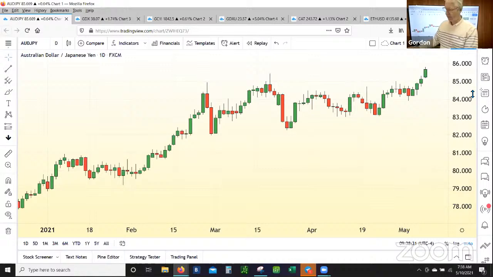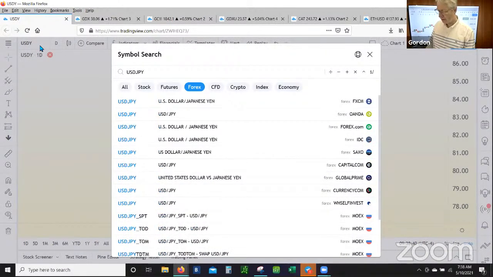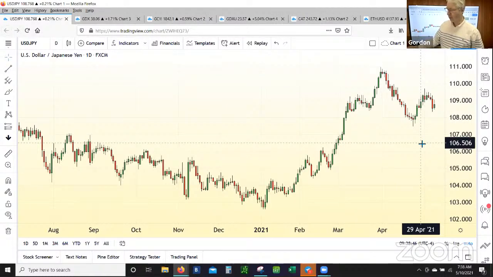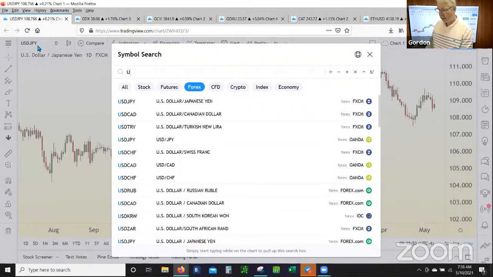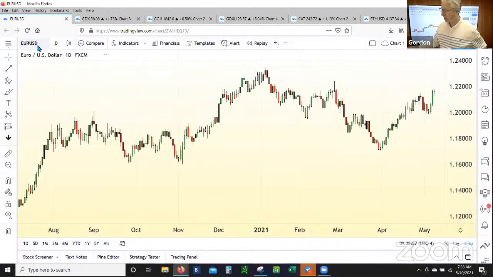Barring that, if in fact that doesn't happen, then the next one would be the dollar, U.S. dollar yen. So as you can see here, that one looks a lot weaker than the Aussie yen. The USD, Euro USD rather, that pair, if stocks start dropping, normally Euro USD runs a little correlated with the US stock market.